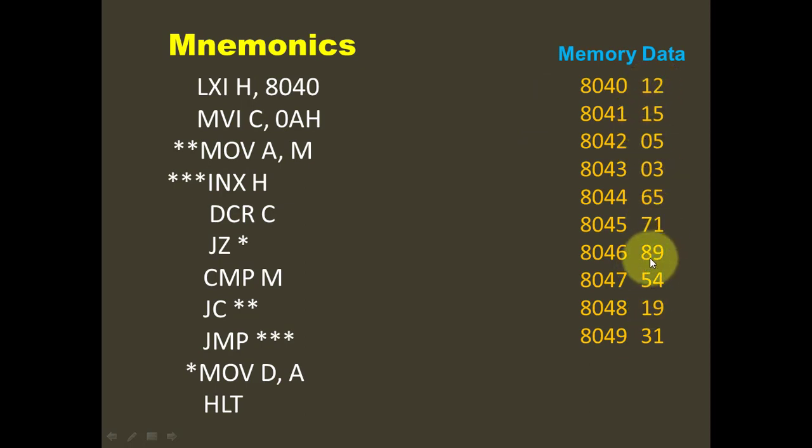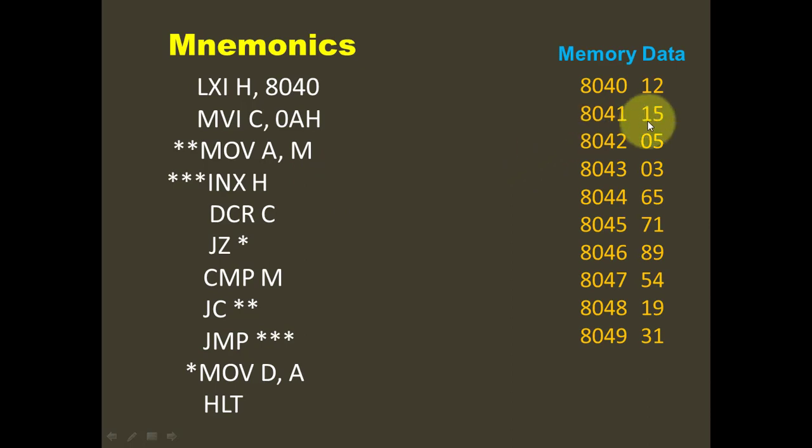In this case we have 89, so 89 will be stored in register A as well as register D. So what our strategy in this particular code would be: we will traverse this entire memory space, the array, and we will take the first data byte into register A because comparison cannot be done without A. So the first data byte is moved into register A and we compare it with the second one.